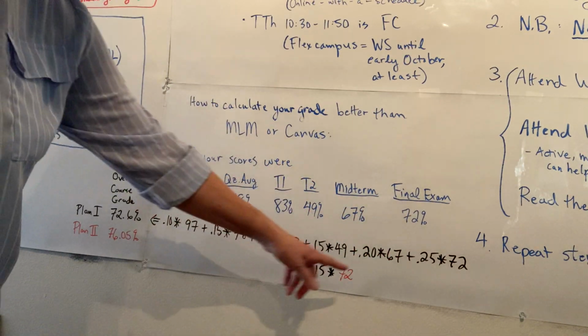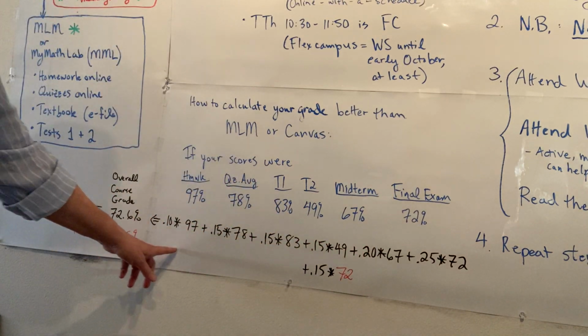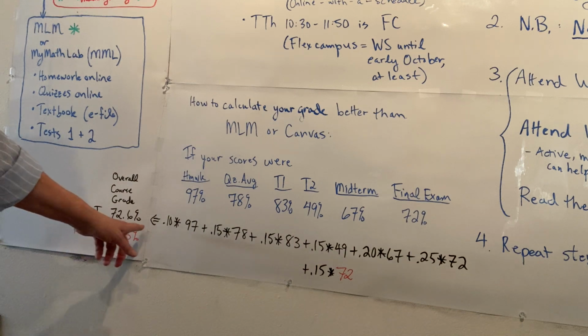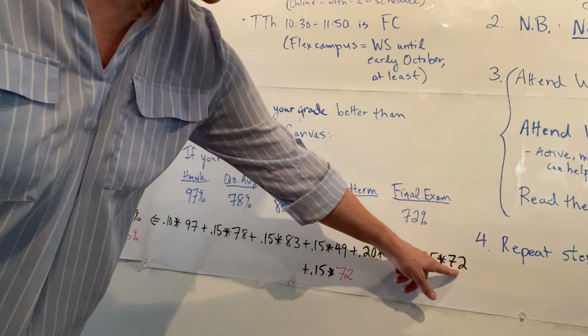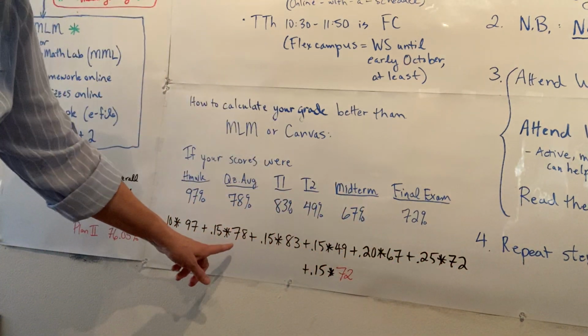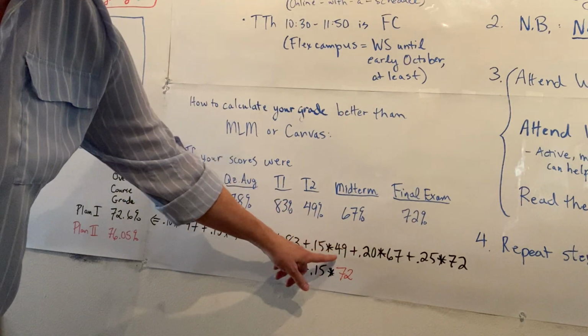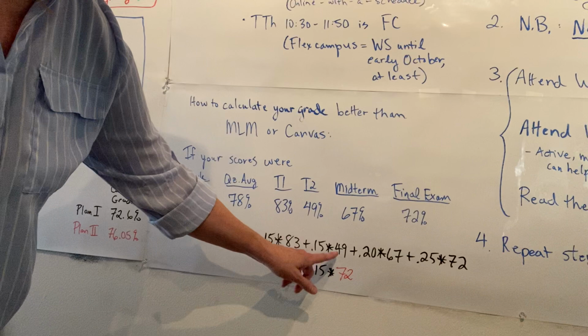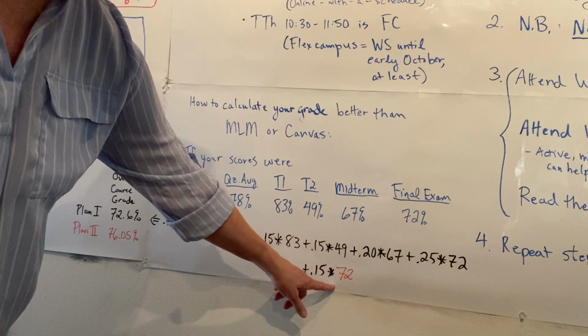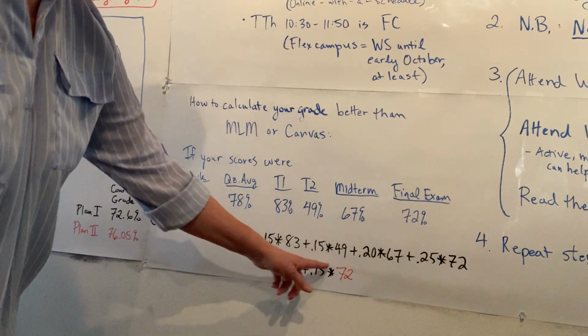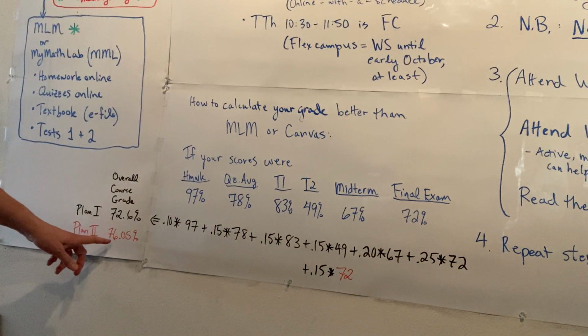So I have another column in my Excel file called Plan 2 that calculates the same thing but takes that final exam score and substitutes it for your lowest test, and that was a 49 here. So instead of this term, if I have 15% of your grade, another 15% of your grade is that high 72, then your score becomes a 76.05%.